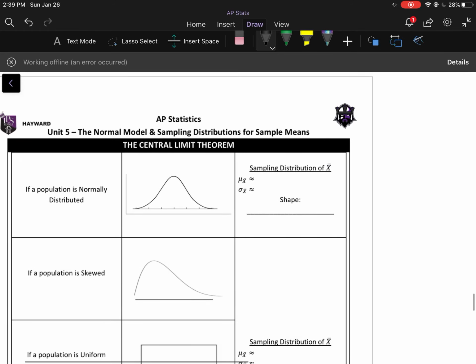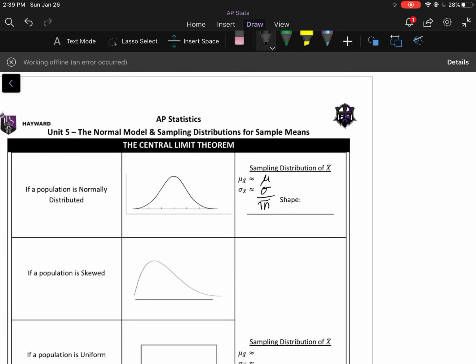Okay. So let's say that we know that a population is normally distributed. This means that for the sampling distribution, if I was to create a distribution of taking a bunch of samples from this population, then mu of x bar is going to equal mu, and sigma x bar is sigma over square root of n. So a sampling distribution is when you sample from the population.